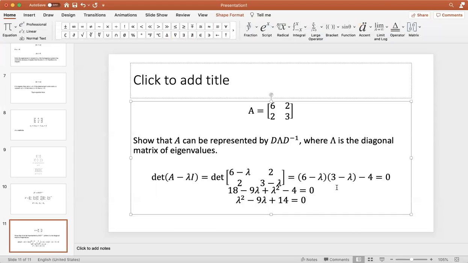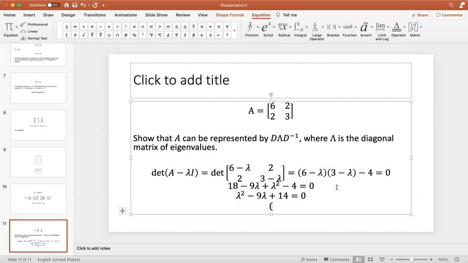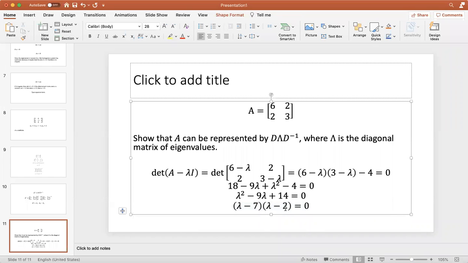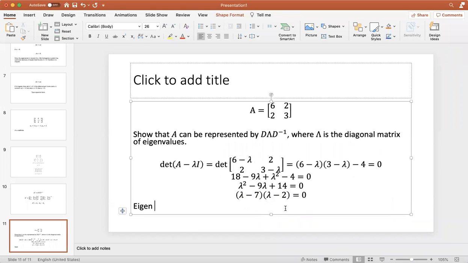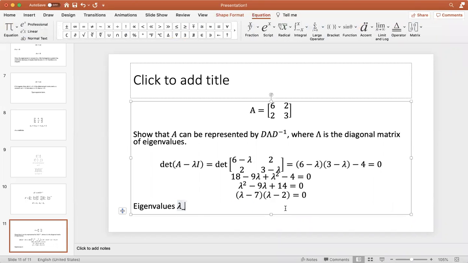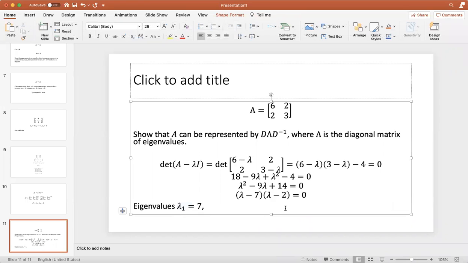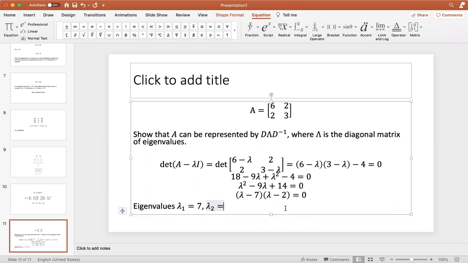So the zeros of this quadratic equation would be lambda minus 7 and lambda minus 2. Multiply this and you will get lambda squared minus 9 lambda plus 14. Therefore, the eigenvalues: lambda 1 will be 7, and lambda 2 will be 2.